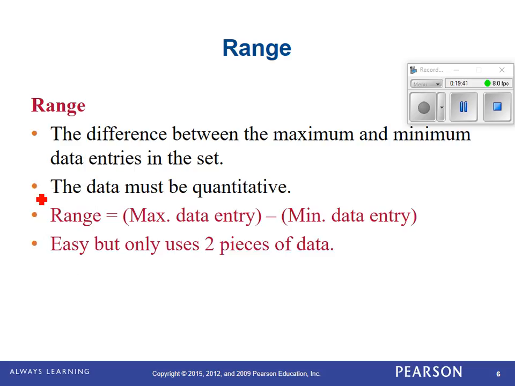It's easy, but it only uses 2 entries. And usually if you have an outlier, where does it fall? One of those 2 spots. It's either the highest or the lowest. So range is easy, but it only uses 2 pieces of the data, so it doesn't tell us a whole lot. Tells us a little bit.